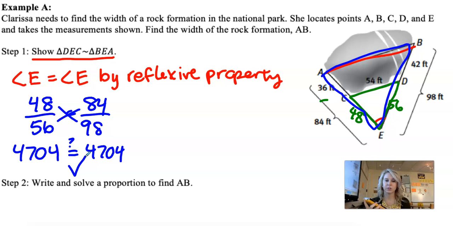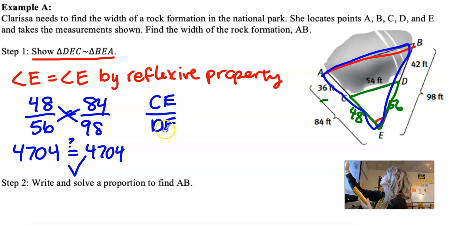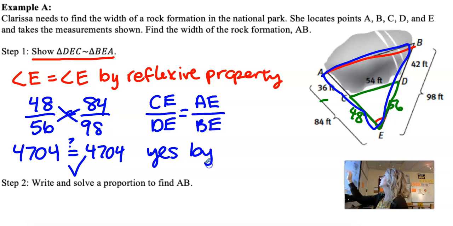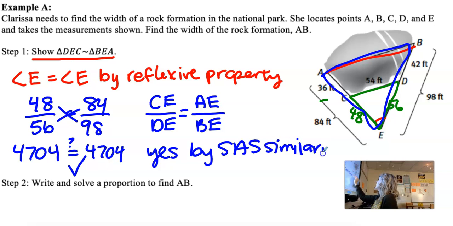Okay, so I know that CE over DE is proportional to the whole thing AE over BE. Okay, so I know an angle and I know two sides are proportional, so they are going to be similar by side, angle, side similarity theorem.